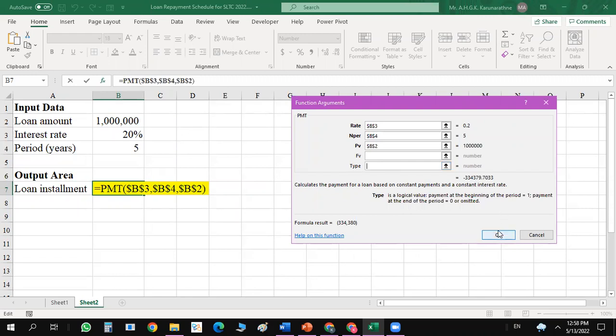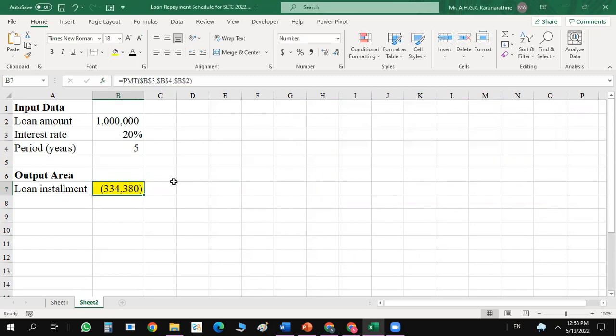That's it. Then say okay. So here the installment value comes as a negative figure. It's okay, right? So this is the loan installment subject to a 20% interest rate and a 5-year period, for 1 million.